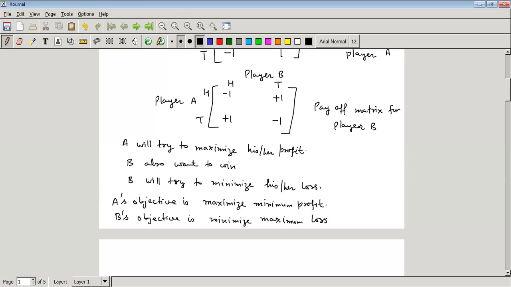So we try to minimize his or her maximum loss.